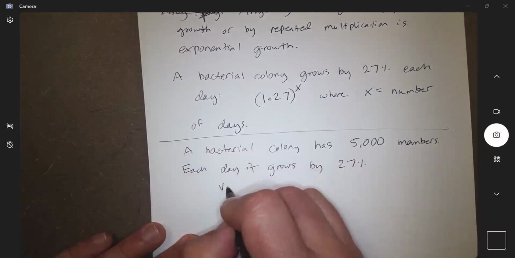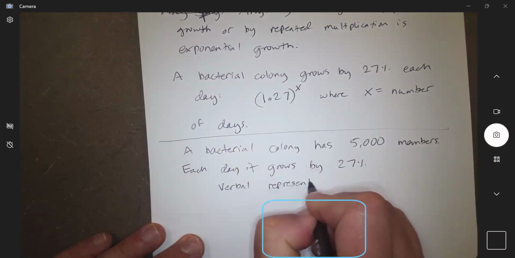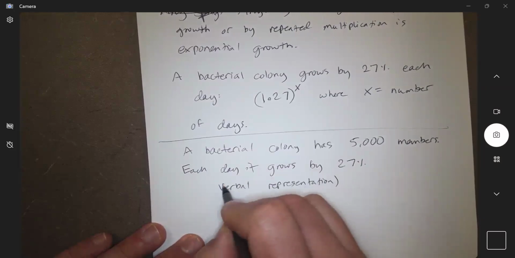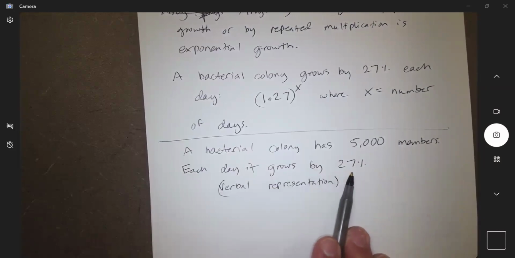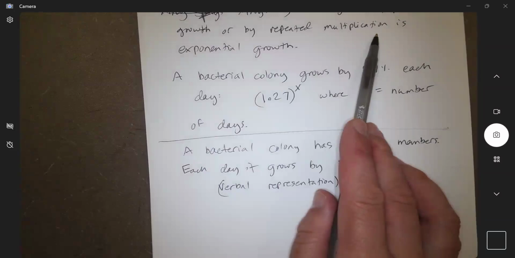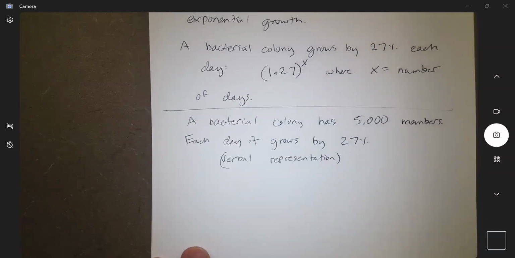This is our verbal representation. And the key in a verbal representation is you're almost always going to see some kind of percentage change. The only time you don't see a percentage change is if it says something like it doubles, but that's still a constant multiplication, right? That's a repeated multiplication. So that's our verbal representation.